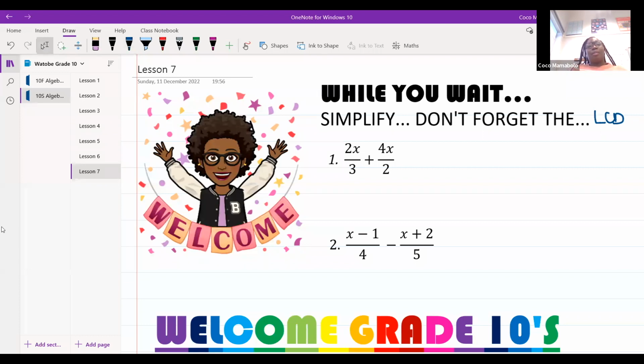Karabo says they can't hear me. Can you help them out, please? I think Onwabo is having the same problem. Okay. Thank you, Janaliswa. That's it, guys. We're looking for the LCD. Hi, Esther. If anybody's feeling generous, do they want to pop the LCD in the chat for us? What's the LCD, guys? Hello, Awande.